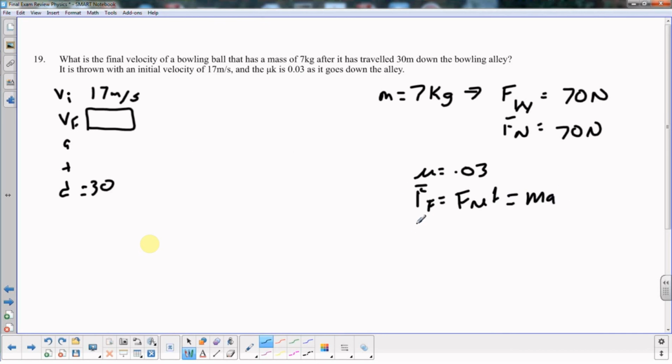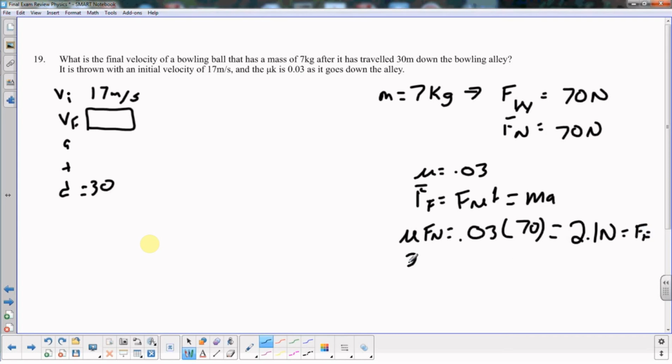FF is mu times the normal force, which equals 0.03 times 70. So on a good day, frictional force 0.03 times 70 is 2.1. 2.1 newtons. That's my frictional force.